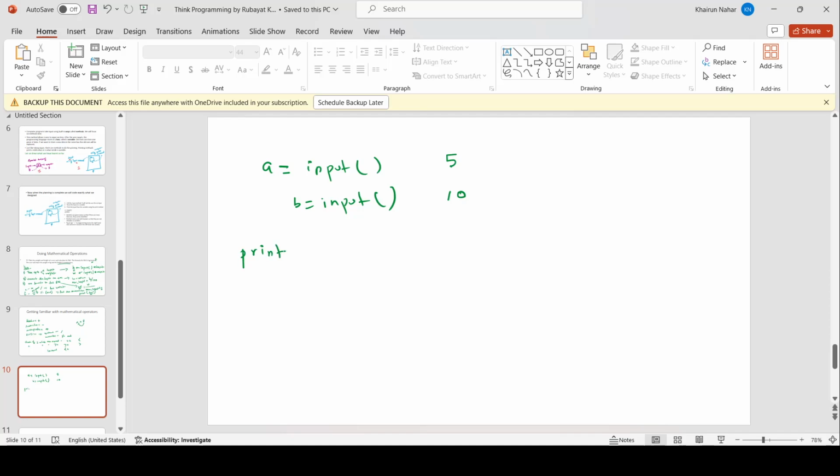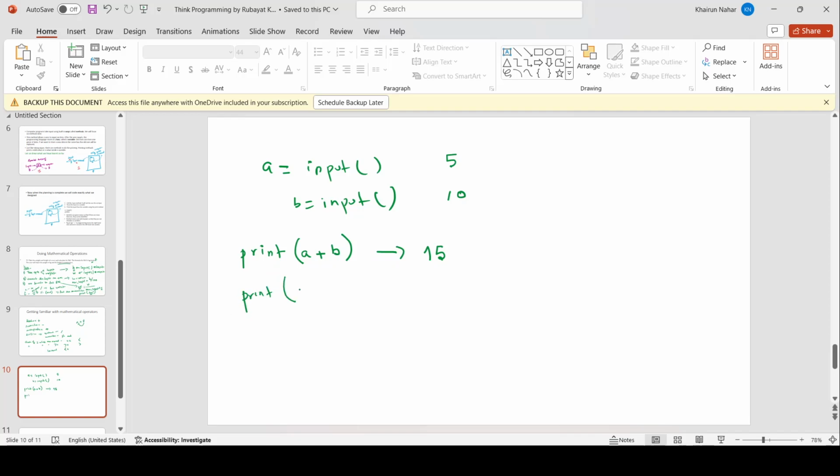If I use a print command, and inside the braces I write a plus b, my output will be 15. Remember, the values of a and b will remain unchanged. We are not updating the values of a and b, we're simply adding them up, and this print function is printing the result.